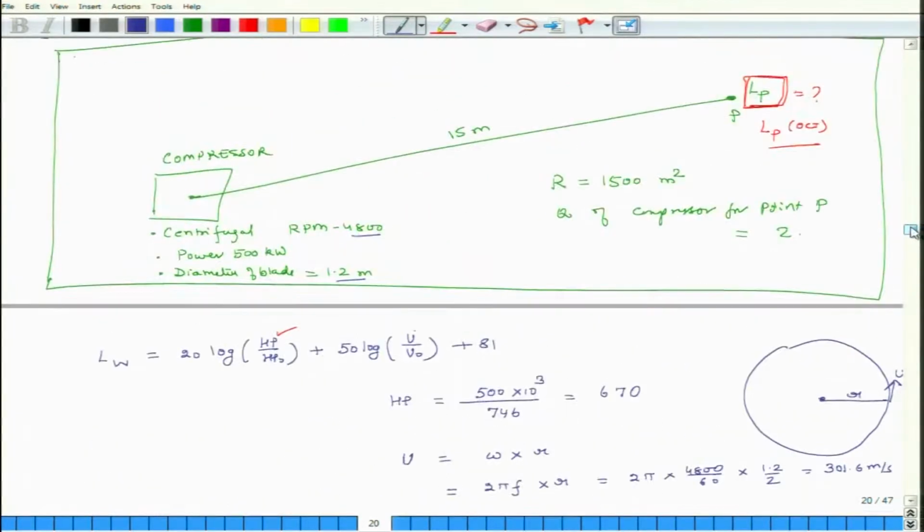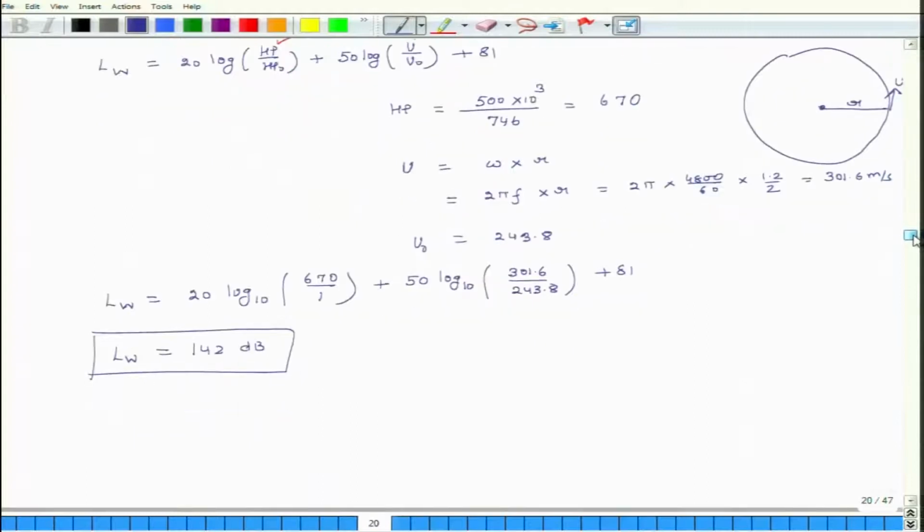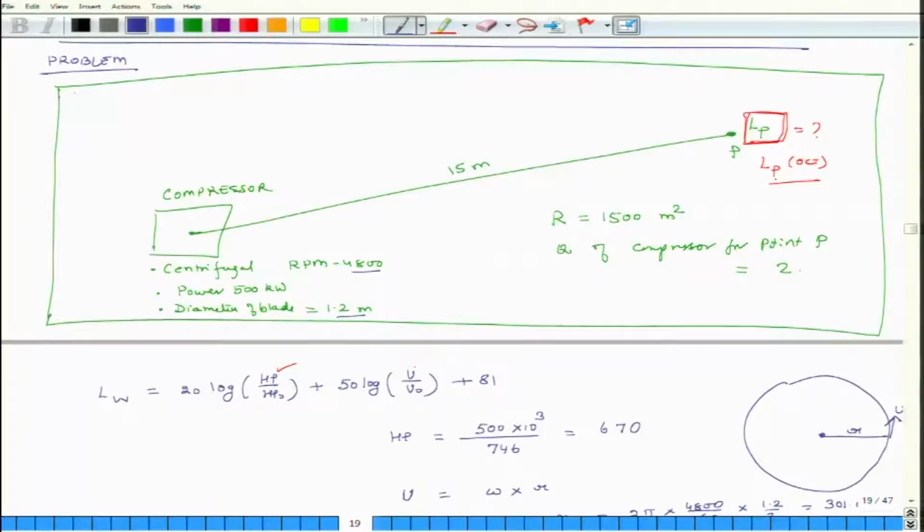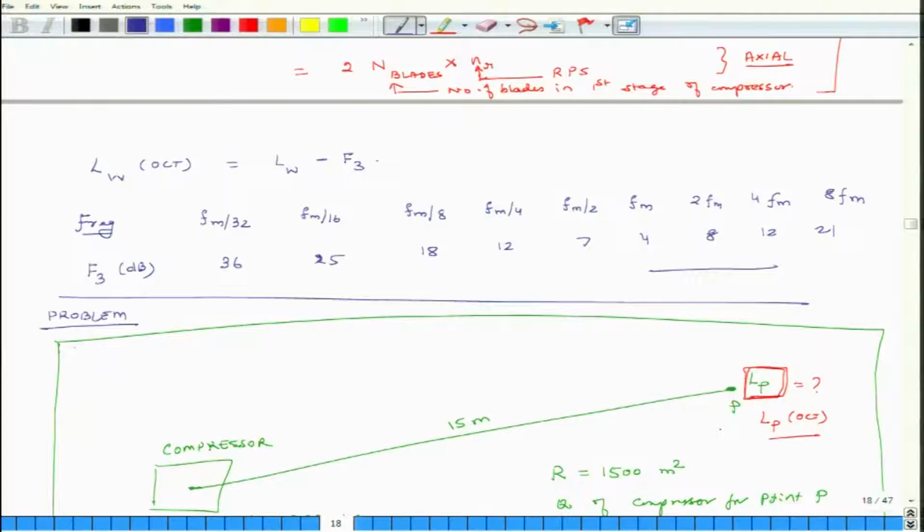Now, we have to find LP, and this LP we can directly find by using the relation which we have discussed earlier. But not only LP, we also have to find LP for each octave band, and in context of that we have to know what FM is, otherwise we cannot use this table, because the value of F3 depends on the value of FM.